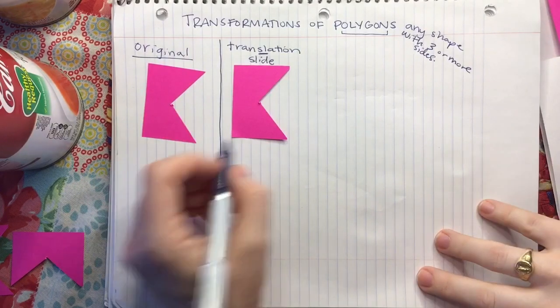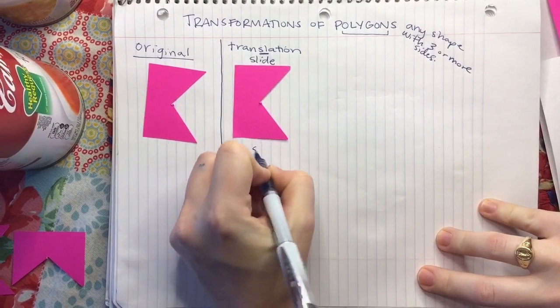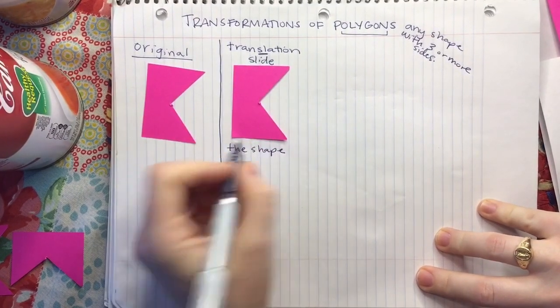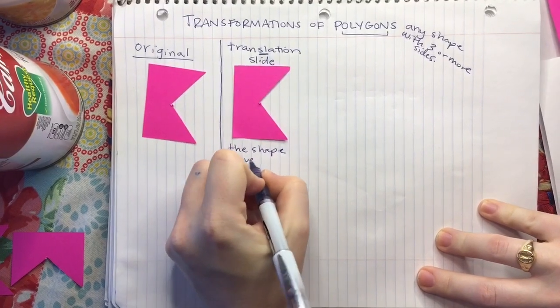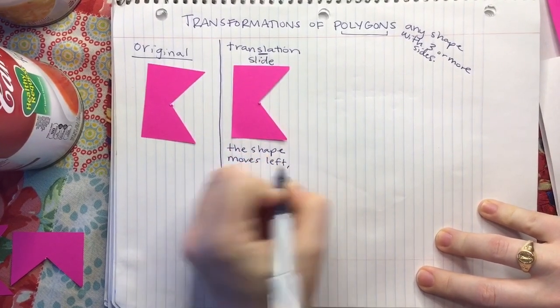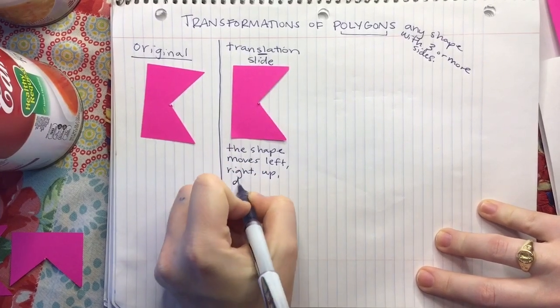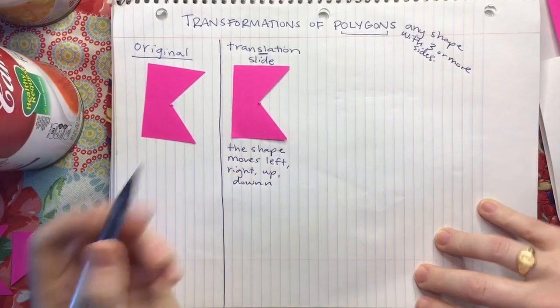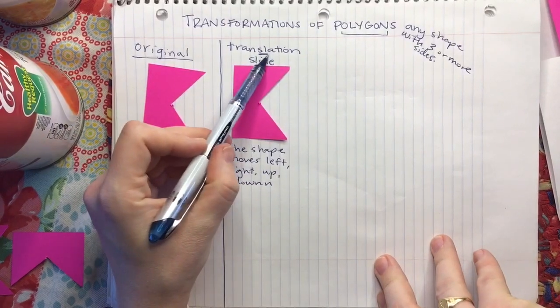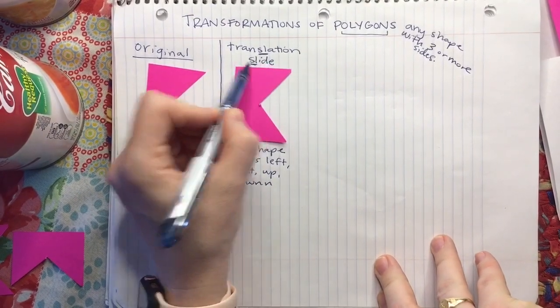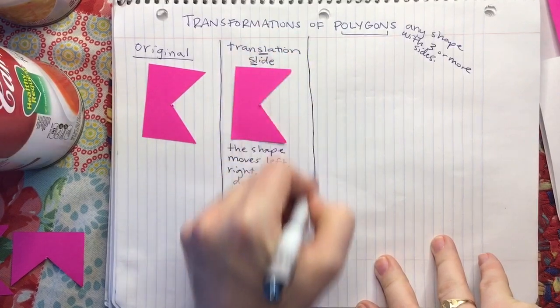So again, slide, the shape moves. It can go left, it can go right, it can go up, or it can go down. So that one's easy. So translation, SL, slide. It's just going to slide in a direction.